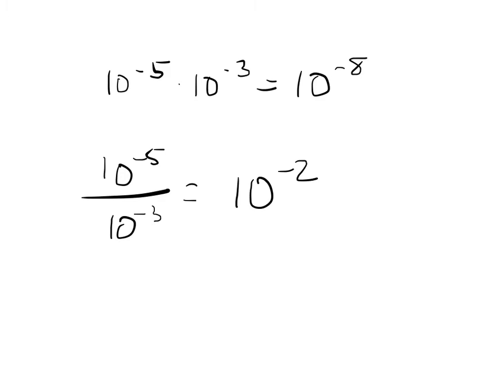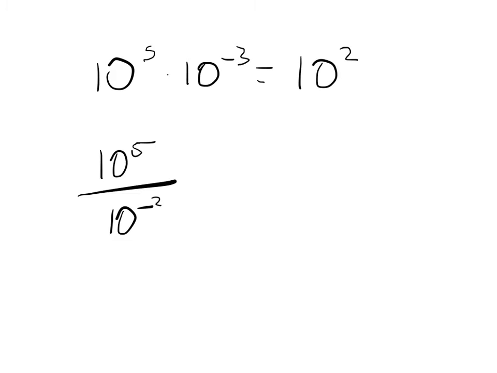Okay. And then with mixed signs, 10 to the 5th times 10 to the negative 3rd, we'd have 5 plus a negative 3, so that would equal 10 squared, and 10 to the 5th over 10 to the negative 3rd, 5 minus a negative 3, that would be an 8.